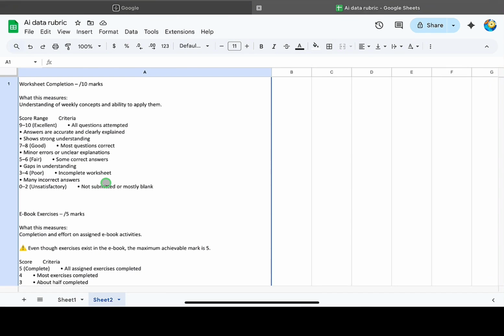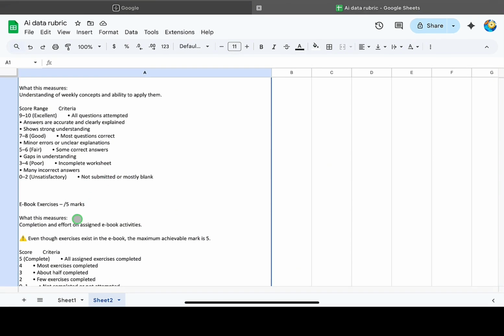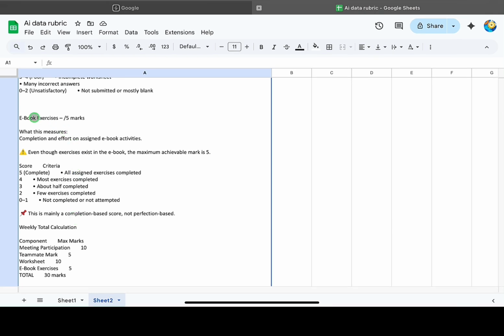Then ebook, again, like I said, for the ebook exercises and the worksheet, there is an instruction video on how you submit those. Take a look at that one as well, and you will know how this will be done, right? So ebook completion and effort on assigned ebook activities, right?